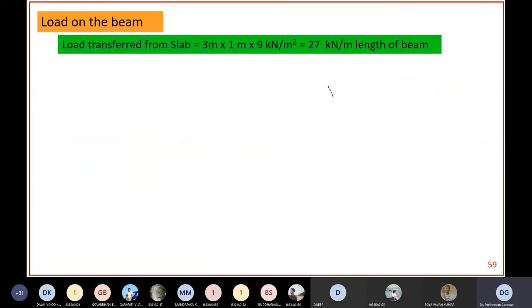So the load transferred from slab to the beam is W multiplied by the center to center beam distance. So 9 multiplied by 3, that is 27 kilonewton per meter length of the beam. For 1 meter length, 27 kilonewton will be acting on the beam.